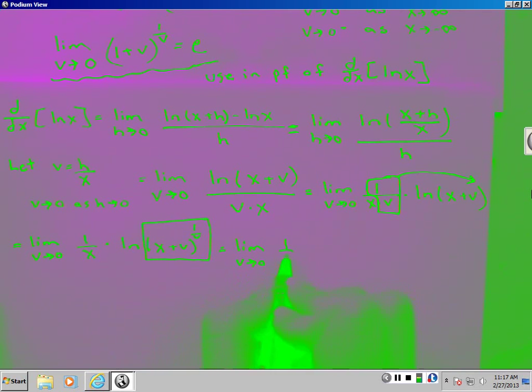So I get 1 over x times ln of e. What is ln of e? ln of e is 1. So I get 1 over x times 1. As v goes to 0, I get 1 over x. So that tells us that the derivative with respect to x of ln of x is 1 over x.